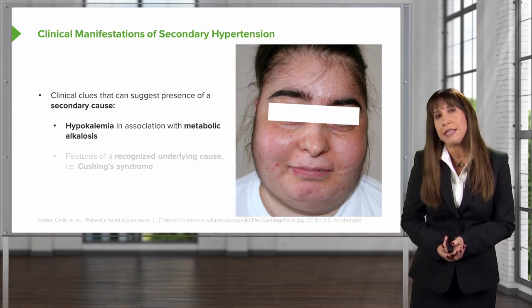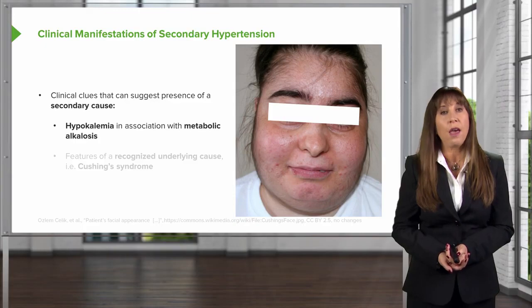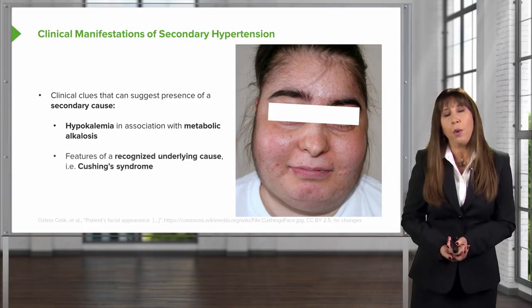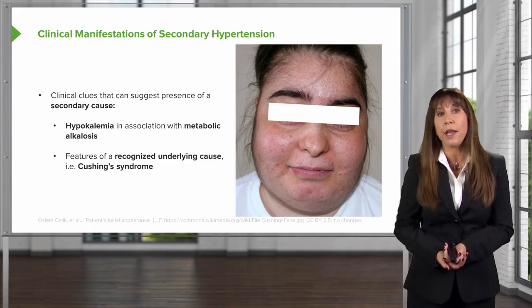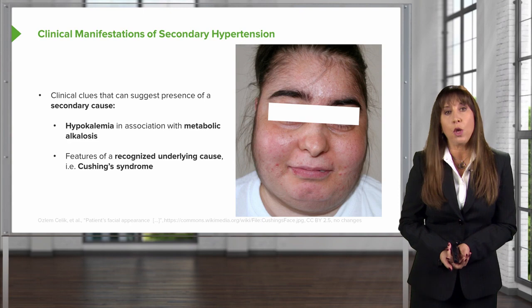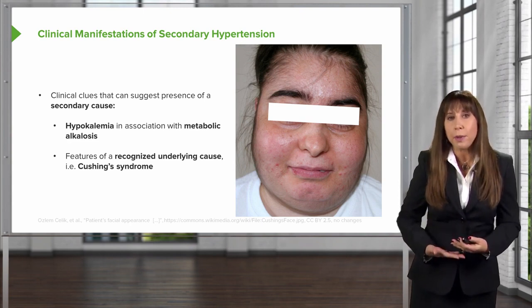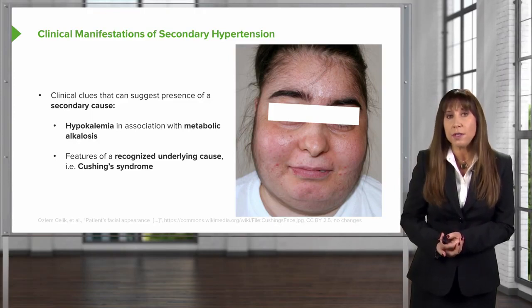We can also see hypokalemia in association with metabolic alkalosis, often without the use of diuretics. We can also see a patient who has features of a recognized underlying cause. For example, new onset of hyperglycemia in the setting of weight gain characterized by truncal obesity and a moon facies, very suggestive of Cushing's syndrome.